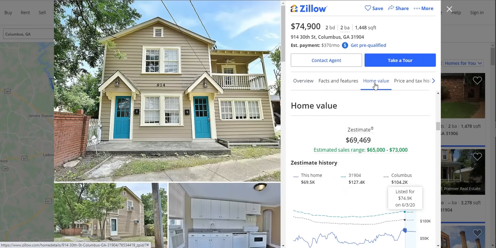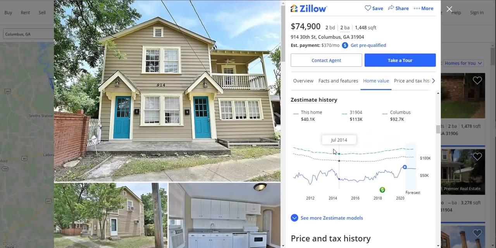Let's go to the home value, and this is where Zillow is getting that $69,469 estimated price. They took the low and the high range. They give you a range of $65,000 to $73,000, and you can see $69,500 falls pretty much in the middle of that range.